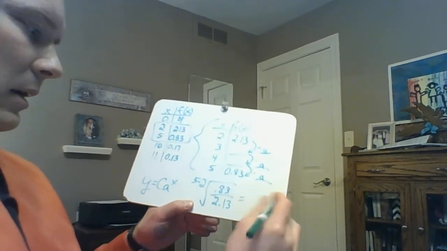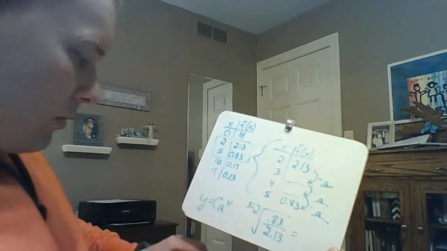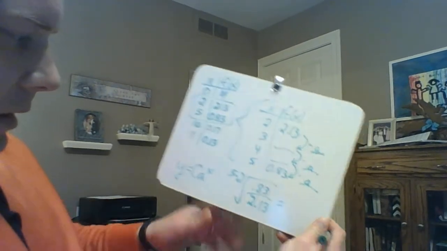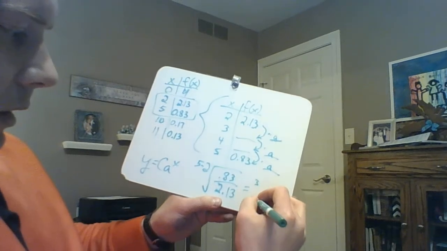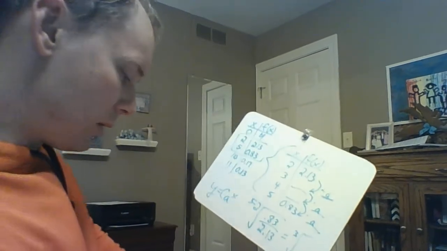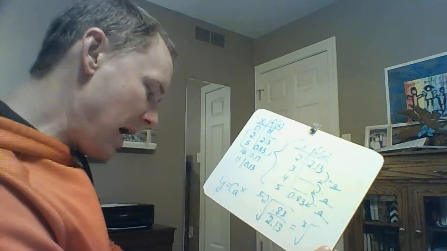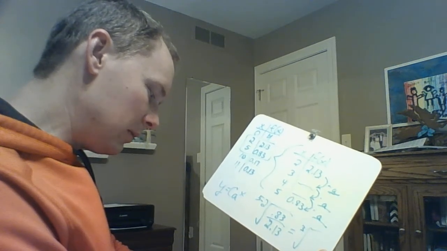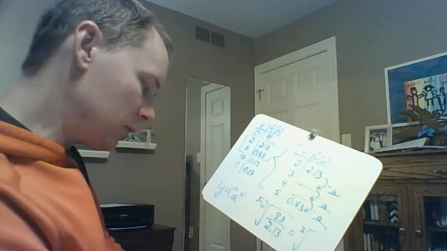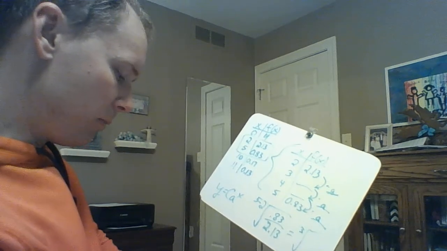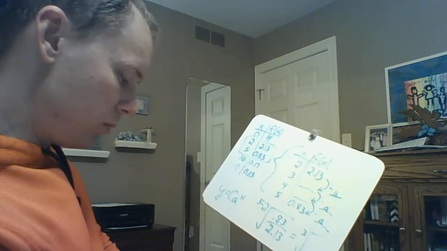So when you do that and you type that in, remember, if you want the third root in your graphing calculator, you can type in 3 and then go to math and then arrow down. I think it's number 5 under the first one. That'll give you the third root of 0.83 divided by 2.13.